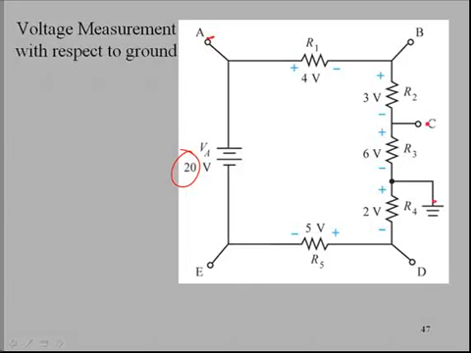If I measure from C to ground, I'm going to measure 6 volts. So if we're in reference to ground, then we're going to see different values than we'd expect if the ground was placed over here.